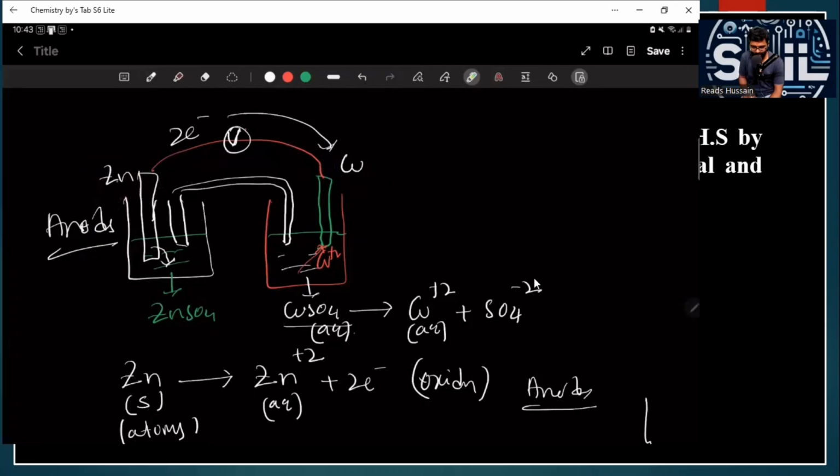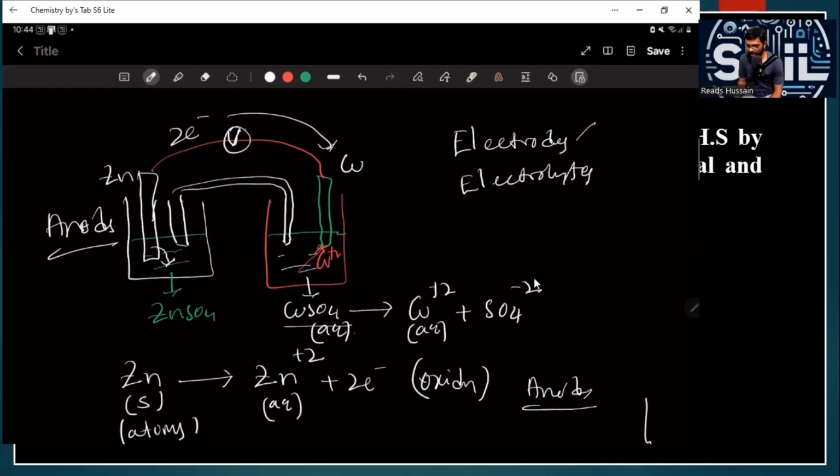The zinc rod is dipped in zinc sulfate solution, and this solution is called the electrolyte. The copper rod is dipped in copper sulfate solution, and this copper sulfate is also called an electrolyte. So you should understand two terms, electrodes and electrolytes.